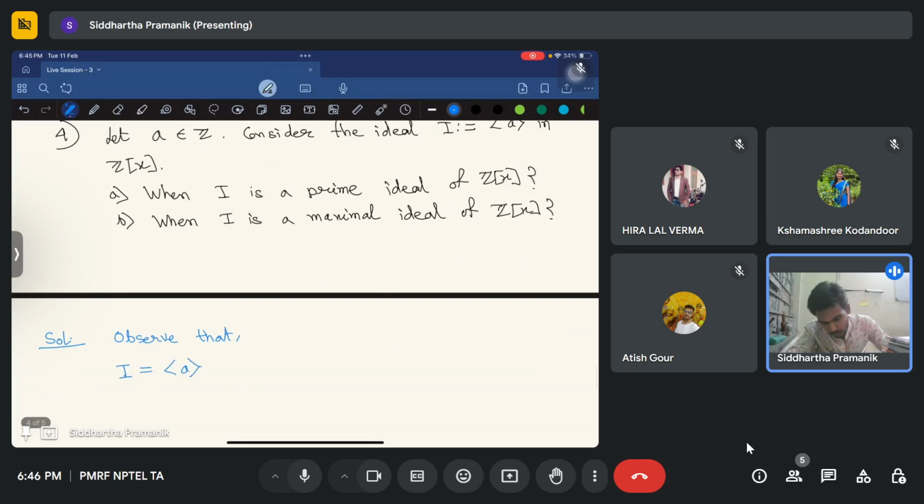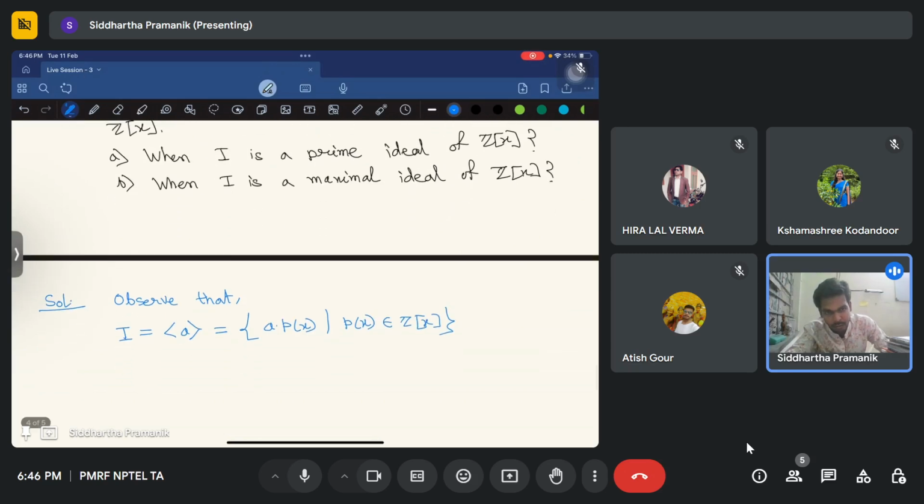That means, by definition, it is the set a times p(x) such that p(x) belongs to Z[x]. Now what is this?